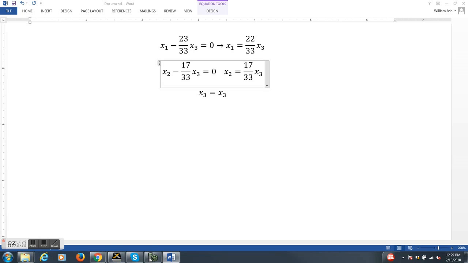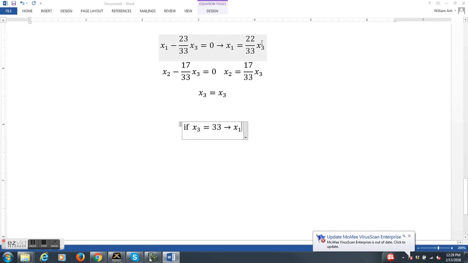Then I suppose what you do is pick a common denominator so we have all integers. Because I can see from here that if x sub 3 equals 33, then x sub 1 would be 22 over 33 times 33, which would be 22.